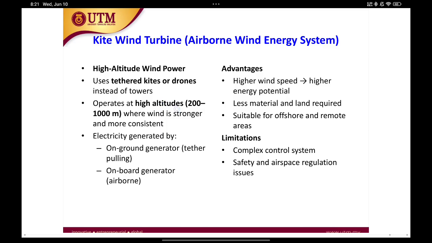Because it is very high, around 200 to 1000 meters, the wind is stronger and more consistent. The higher you go, the higher the wind speed. And then electricity is generated. Either the generator is on the ground and the tether, the rope pulled by the kite, will move the turbine, or there is an onboard generator.